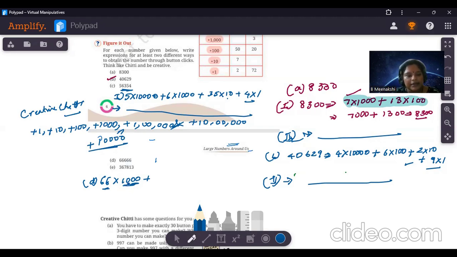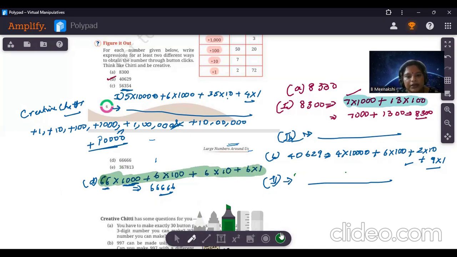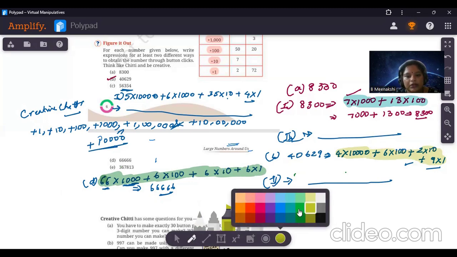So here I'm pressing 1000 66 times and 100 6 times and 10 I'm pressing 6 times and 1 I'm pressing 10. So this gives you 66,660. I'm highlighting all the different ways I've expressed, so that it will be easy for you to identify and you can do the second method accordingly.